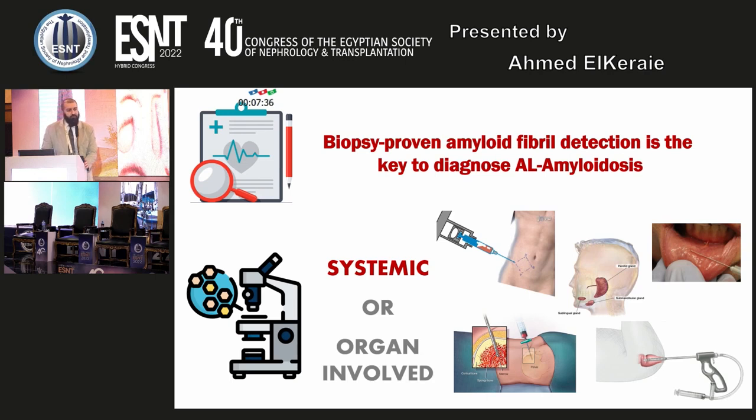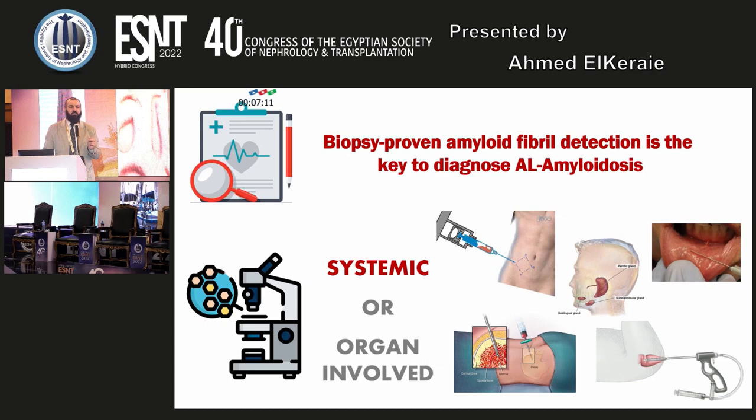Biopsy, of course, is the gold standard. Usually we target the easy, accessible, less complicating sites: abdominal fat pad, the lip, and rectum, and we can go to the kidney, and it's easy to stain by Congo red stain. And please do not comment on a Congo red stain on light microscopy.